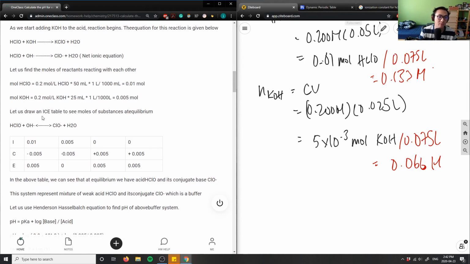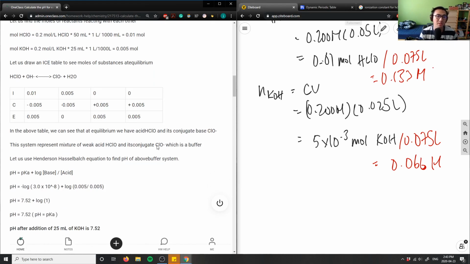Then they do an ICE table to account for the reaction. I have 0.01 as my acid and 0.005 as my base as the initial amounts. I lose 0.005, I get 0 for my base and 0.005 for my acid, which means my x value would be 0.005.